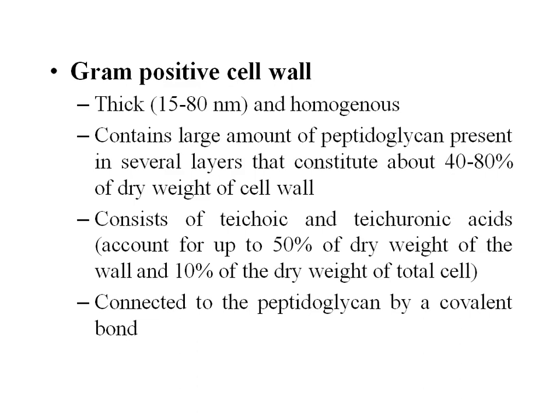Then later on we will discuss the ultrastructures of each. The gram-positive cell wall is a thick structure of 15 to 80 nanometers, and this is a homogeneous structure. What I mean by homogeneous is that it is composed of similar kinds of chemical molecules.